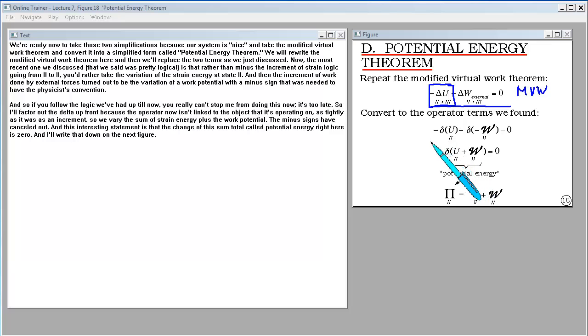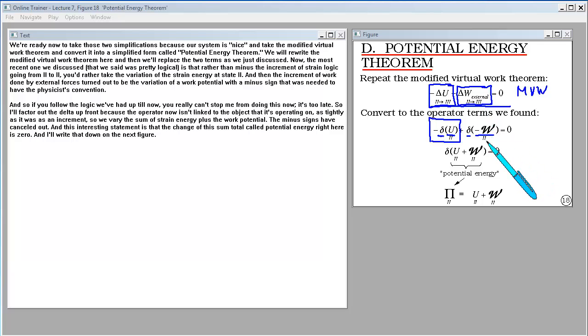Now the most recent one we discussed that we said was pretty logical is that rather than minus the increment of strain energy going from 2 to 3, you'd rather take the variation of the strain energy at state 2. And then the increment of work done by external forces turned out to be the variation of a work potential with a minus sign that was needed to have the physicist convention.